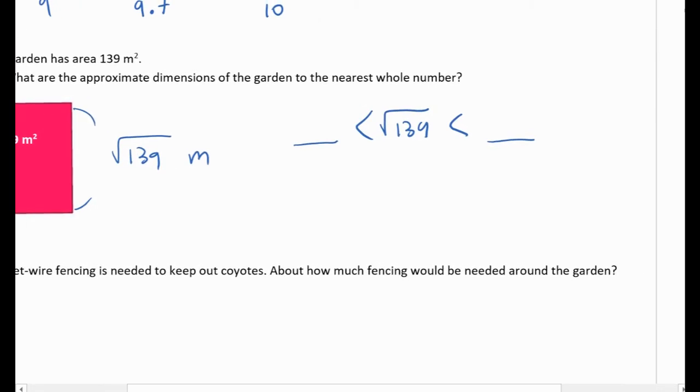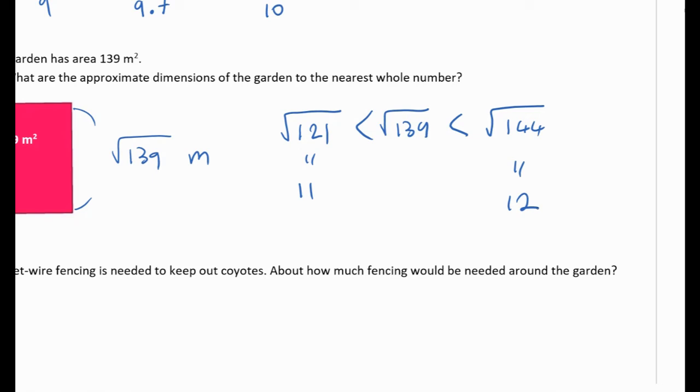Okay, have you guys just tried that? Let's do it together. What's the smaller perfect square, everyone? I'm gonna say it's 121, which is 11 squared. And the larger perfect square is 144, which is 12 squared. Okay, square root of 144 is 12, and square root of 121 is 11.